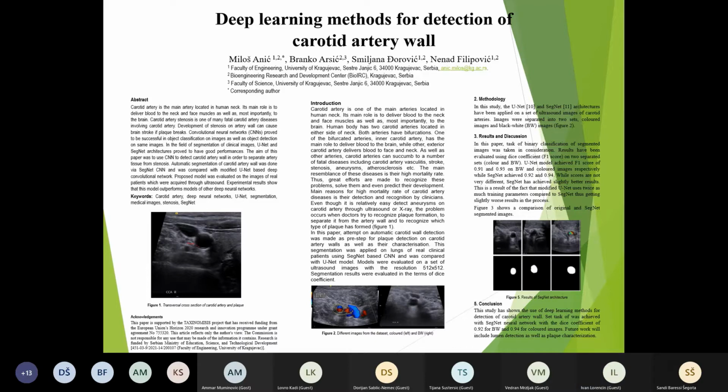The main problem with these diseases is their detection and their recognition by the clinicians.